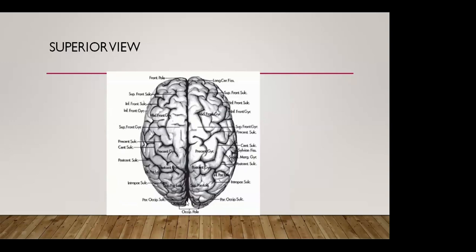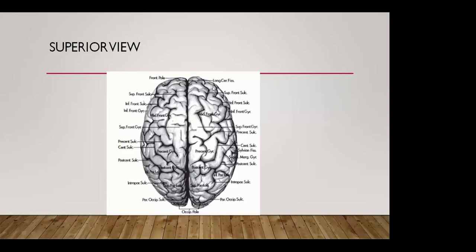Then you have a superior view again, looking right from the top. Anteriorly we have the frontal pole and posteriorly the occipital pole. Dividing the two cerebral hemispheres, we have the longitudinal cerebral fissure in the midline. Towards the vertex, on the topmost area, is the superior frontal gyrus, separated from the middle frontal gyrus by a superior frontal sulcus.